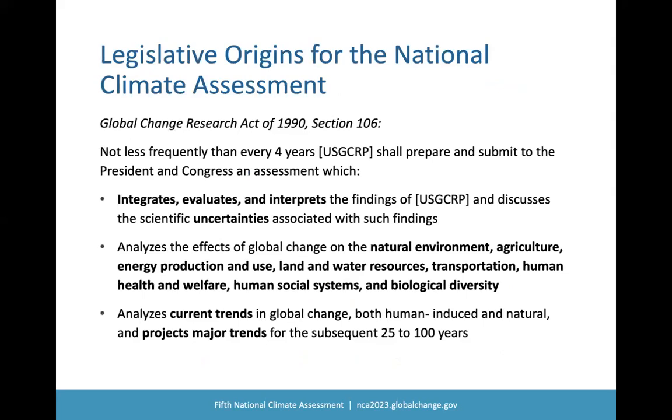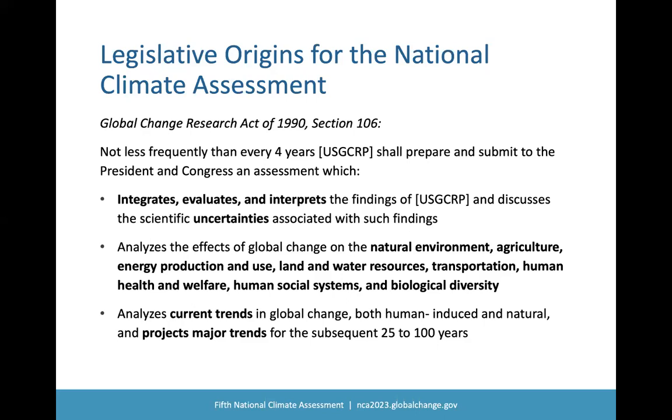That same law, the Global Change Research Act of 1990, mandates a periodic scientific assessment known as the National Climate Assessment, or NCA. The NCA analyzes the effects of global change on several sectors, including the natural environment, agriculture, energy, land, transportation, human health, social systems, and biodiversity. And USGCRP is also charged with assessing observed trends and projected trends for the next 25 to 100 years.